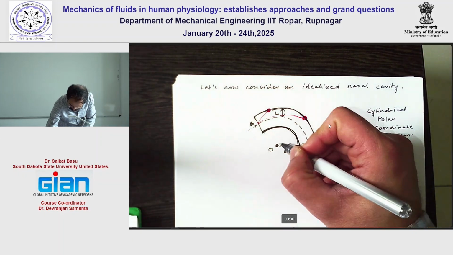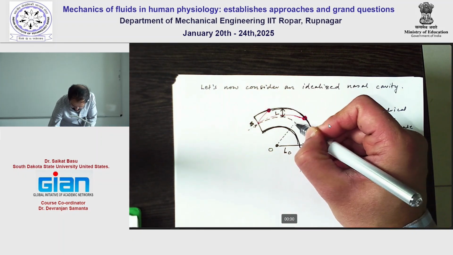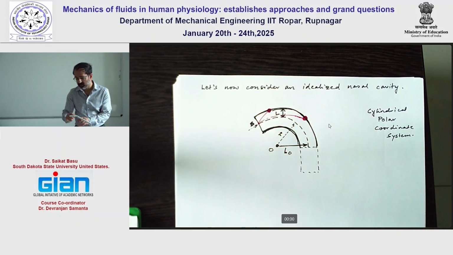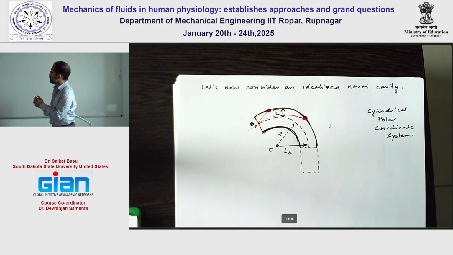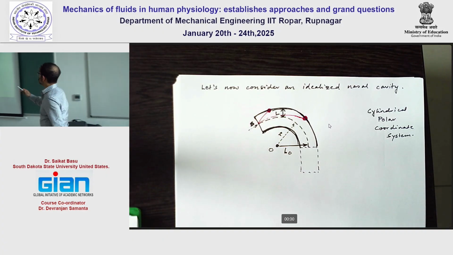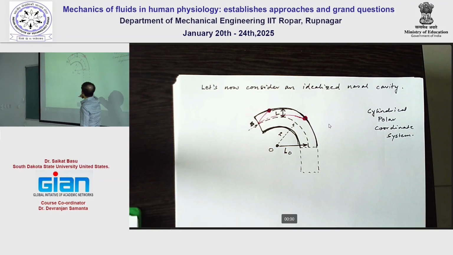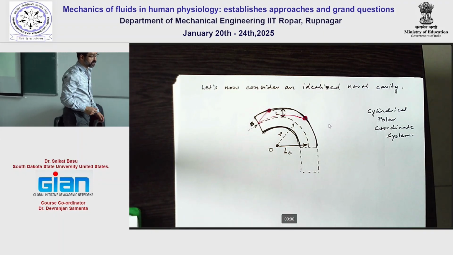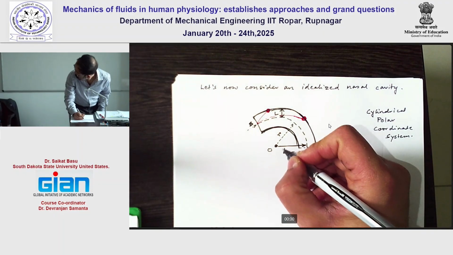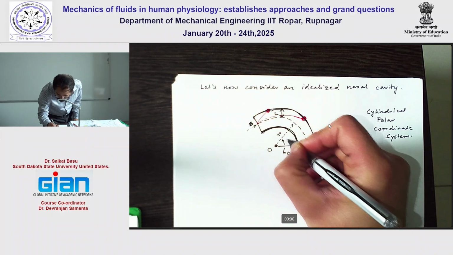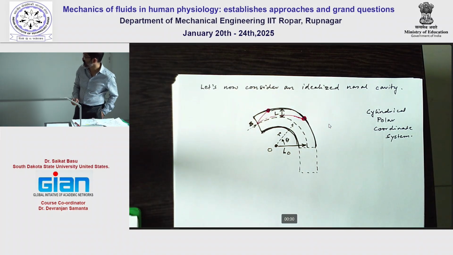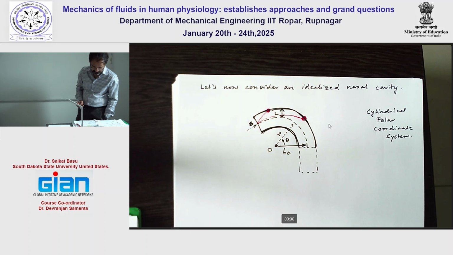We have this distance or location as r. So wherever the particle might end up as it moves through this space, we denote it by r. Along with it, we need a second coordinate, which is this theta. So knowing r and theta should be sufficient to know where the particle is.